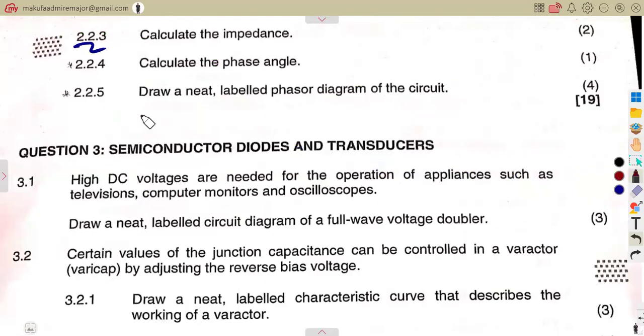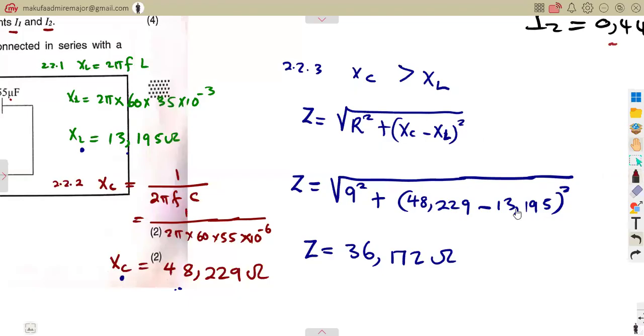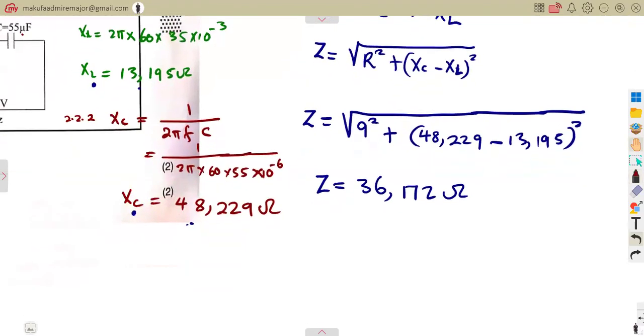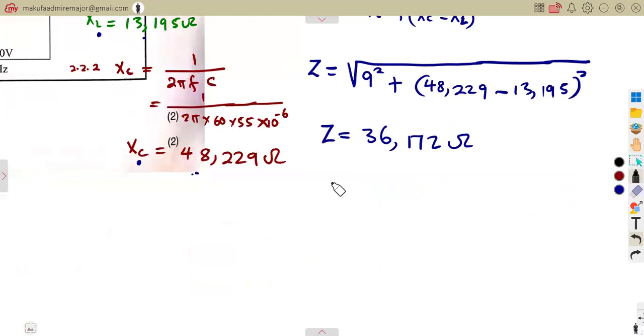Let's see what you are given here. The phase angle. So remember, in a series consideration, I said the phase angle from the resistance and impedance is enough for you to obtain this given phase angle. So the phase angle is simply arc cos the resistance over the impedance.